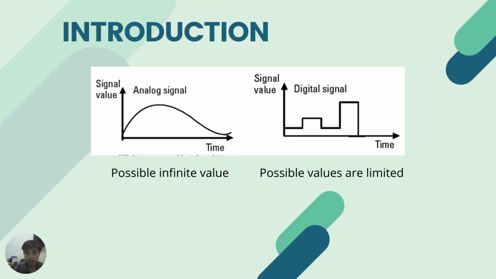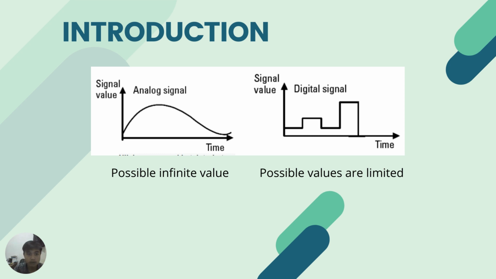Here is the introduction. The left one is an analog signal, which has possibly infinite values, and the right one is a digital signal, whose possible values are limited. So why do we have to convert to digital?